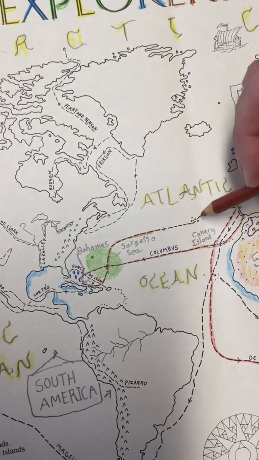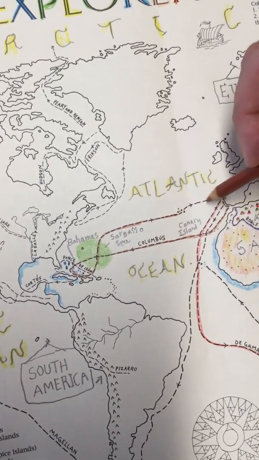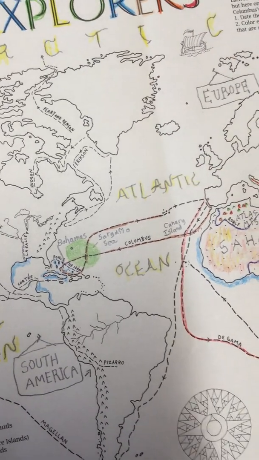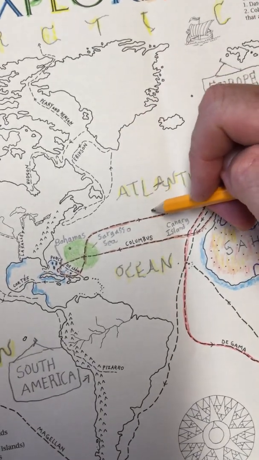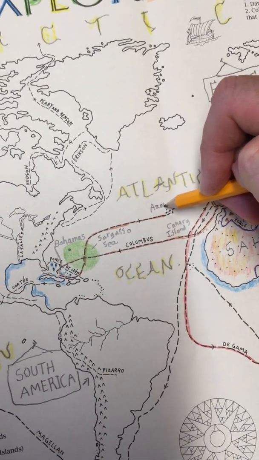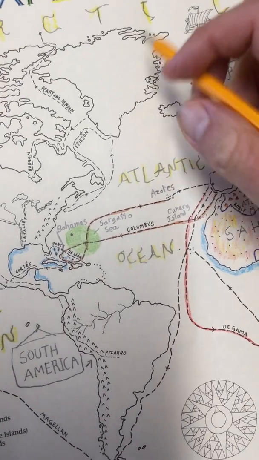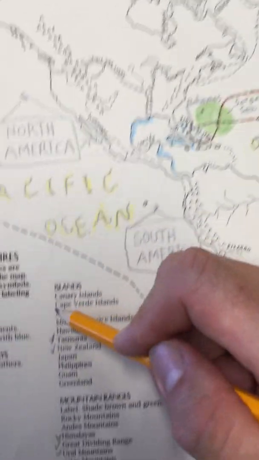You'll see there's a little group of islands right here that he passed through before coming back to Europe, and those are the Azores. Let's put that on the map. Azores.